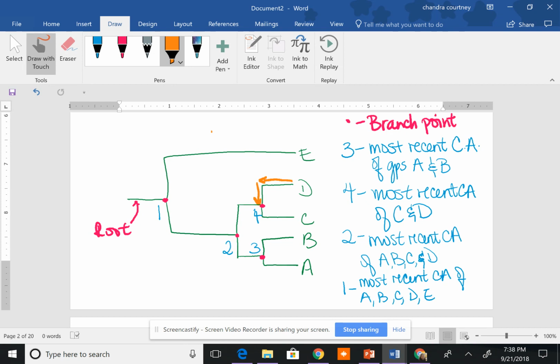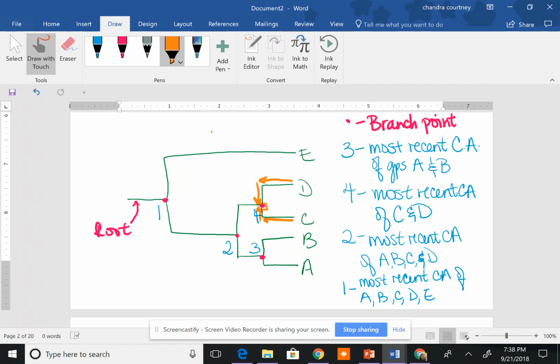B is going to walk this way, and again, walk that way. Okay, so the most recent common ancestor of A and B is going to be at this node that we've already identified, this one right here.